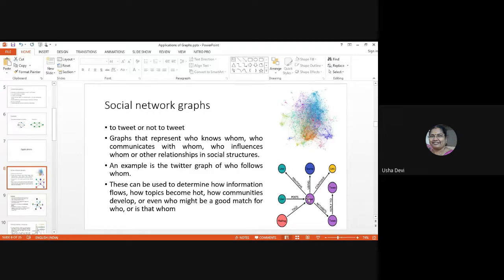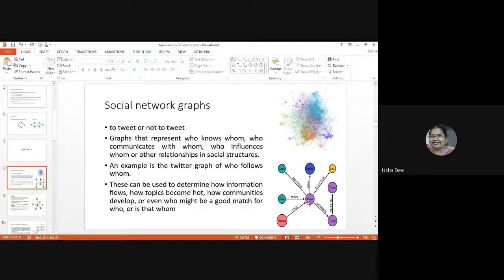You are going to post something as a tweet, and this tweet mentions some other users, so there should be some connectivity. Just see here, all these come under directed graphs, and these tweets can make use of some sources; some tweets contain links.